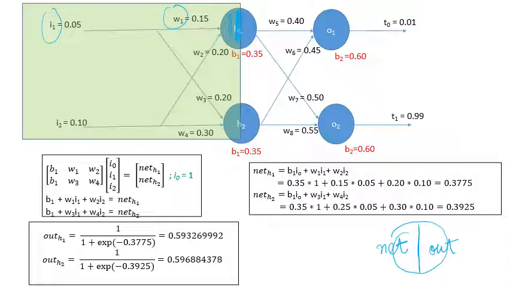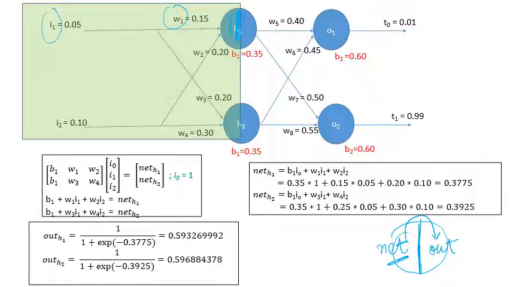We will discuss how many different variants are available for activation function. For simplicity, we will take the activation function only sigmoid here, right? So whatever input comes to the node, we say that it is net, and after applying a nonlinearity to this net, we say that this is out now, right?